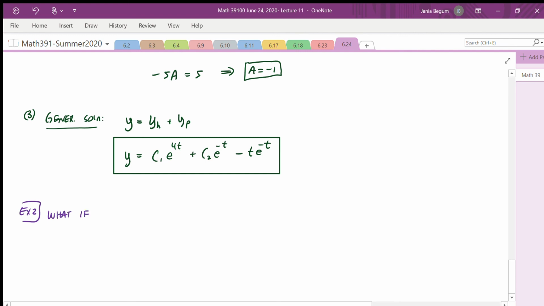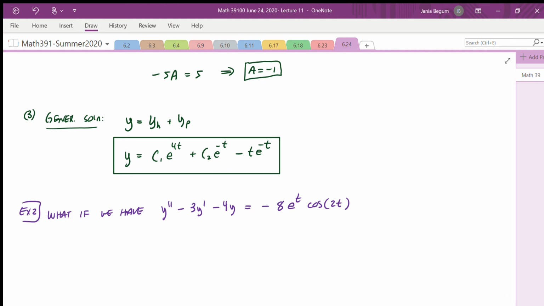What if we have, so let's take the same differential equation, y double prime minus 3y prime minus 4y equals 2. Now I'm going to change g of t, okay? So I'm going to put, let's say, negative 8 e to the t cosine of 2t. Actually, let's hold on. No, not yet.